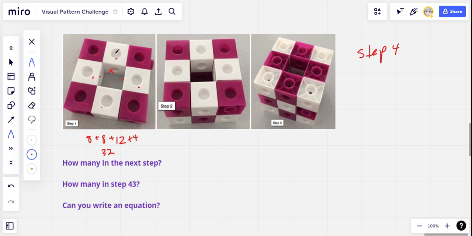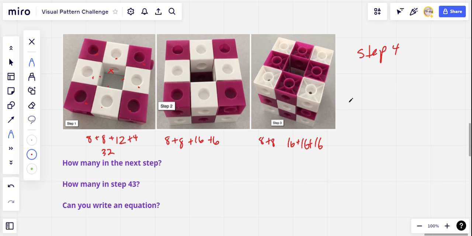Now, when we add a layer, something interesting happens. We cover up this previously exposed bit of surface area, but then we put another layer of that on the top. And as this gets taller and taller, the top and the bottom are going to stay the same. That's always that 8 plus 8. And then each layer should have the same pattern of outside and inside, right? So each layer, the outside is exposed, the inside is still exposed to the hole. So that should be 12 plus 4, I'm just going to write that as 16 for one of the layers and 16 for another of the layers. And we'll get the same pattern here, the top and the bottom, and then the 16 plus 16 plus 16.